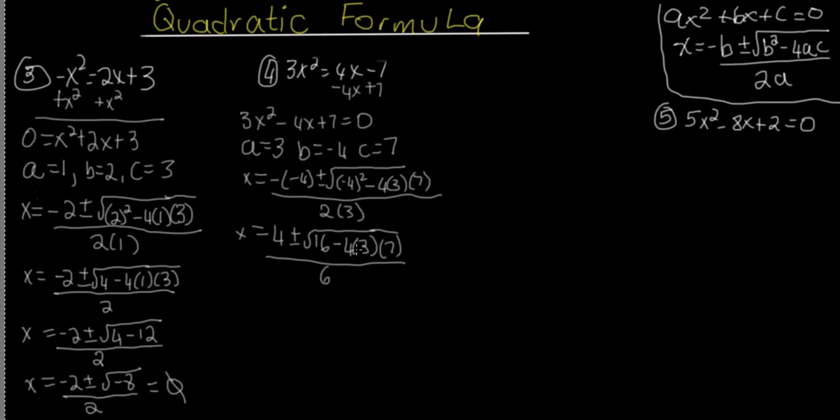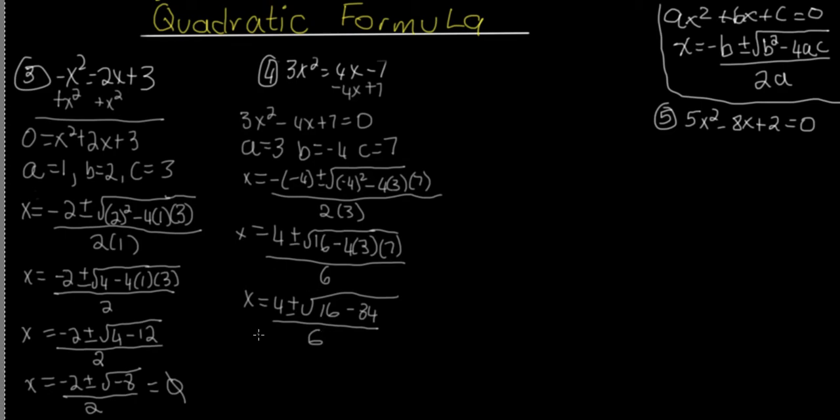Now I'm going to multiply these. So I have x equals 4 plus or minus the square root of 16. So here I have -4 times 3 is -12. -12 times 7 is a -84. And this is all over 6.